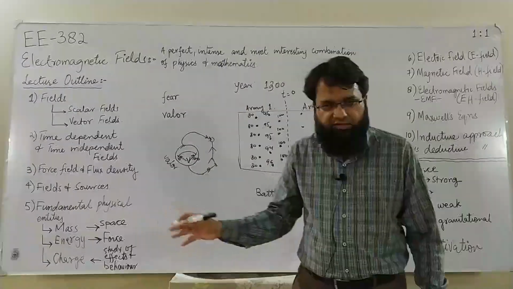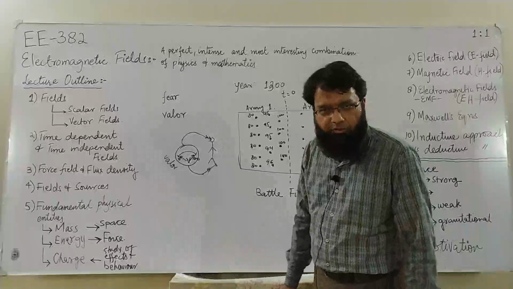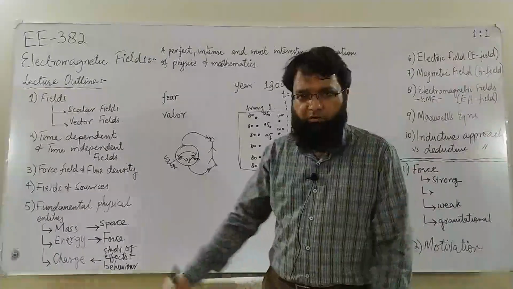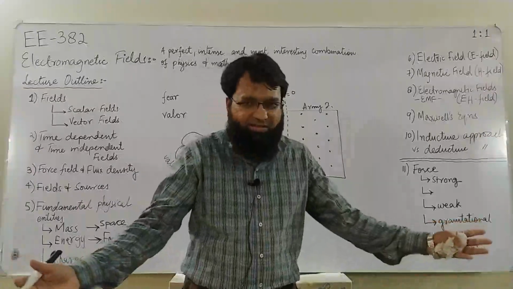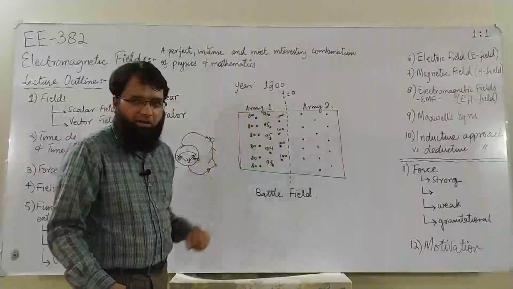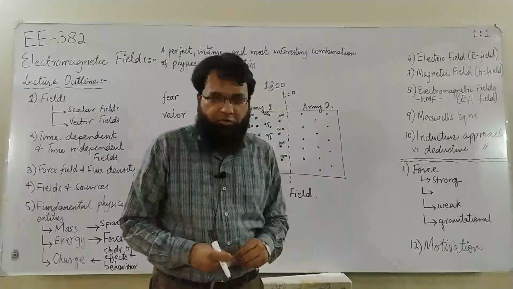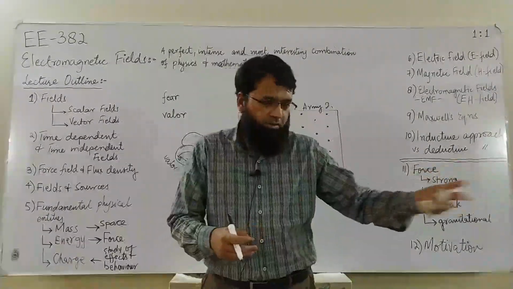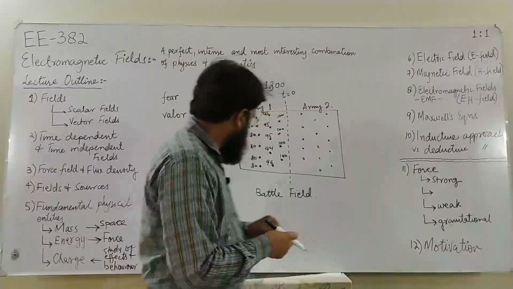How would you classify it? As a scalar quantity or a vector quantity? Definitely a scalar quantity. You never say that I am a very brave person in the direction of east. All right, you always say that he is a brave person or he is a cowardly person. You never say that he is a cowardly person in the direction of south. Obviously direction is not important over there.